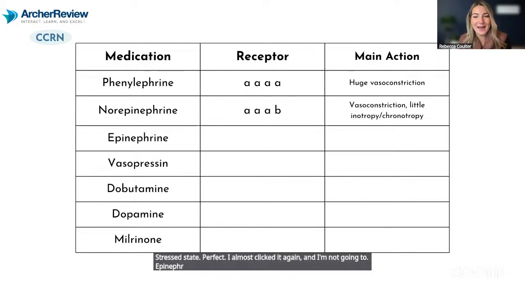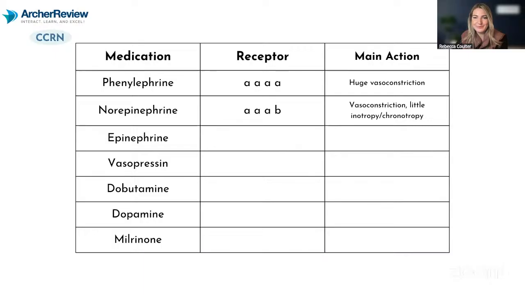Epinephrine. What do we think about epinephrine? This one's a little bit nuanced. Yep, we give epinephrine in codes for sure.